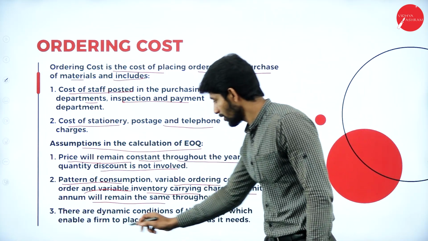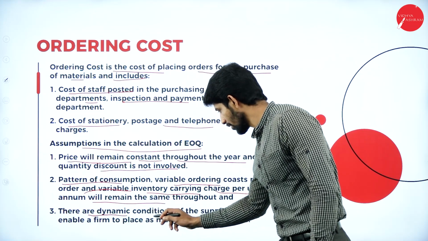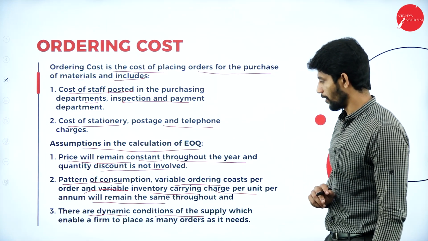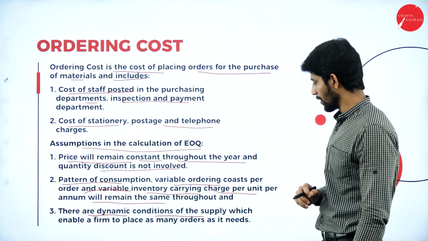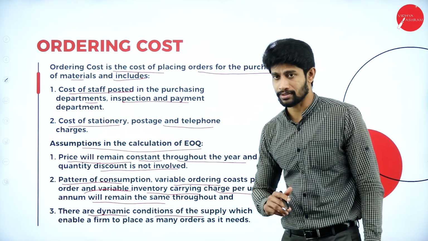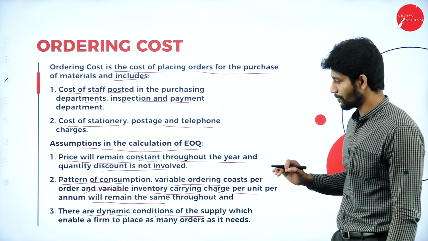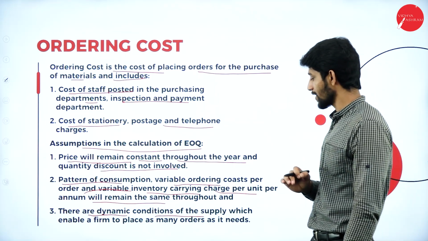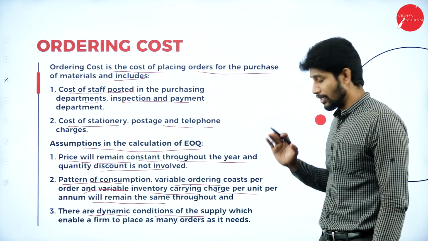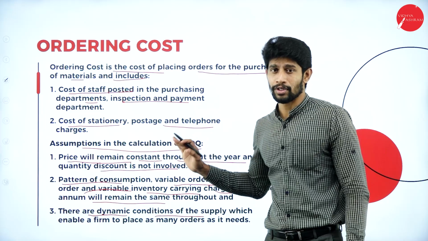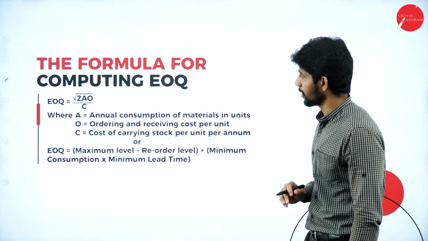What is the third assumption? There are dynamic conditions of supply which enable a firm to place as many orders as it needs. So these are the three assumptions we have under computation of economic order quantity.